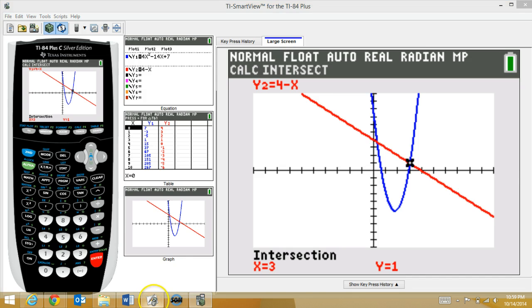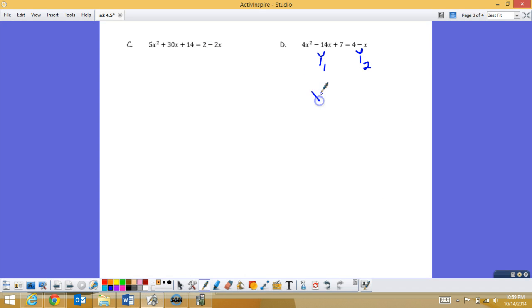So for this one, we have x equals 1/4 and 3, and hopefully that's what we find when we do these algebraically. So in the next video, we're going to talk about how to solve these equations algebraically.